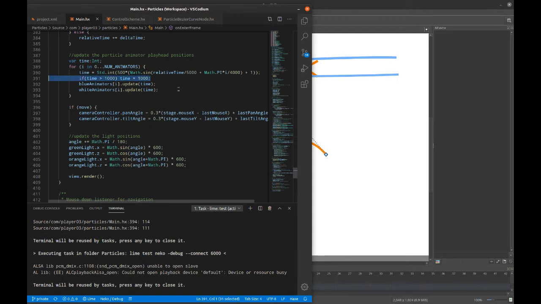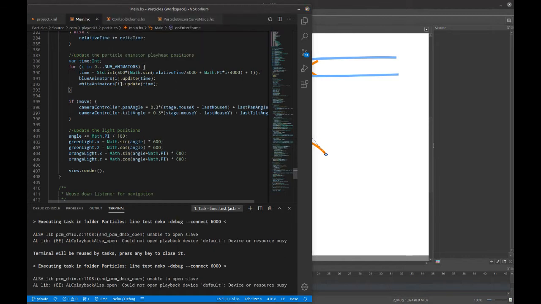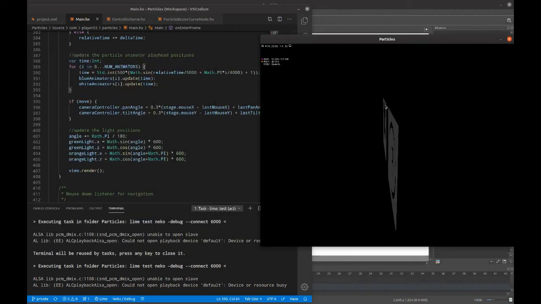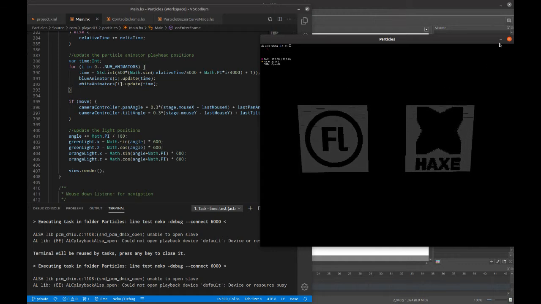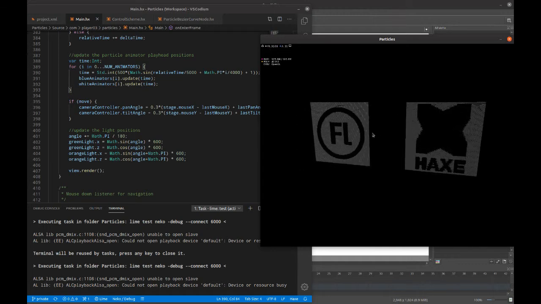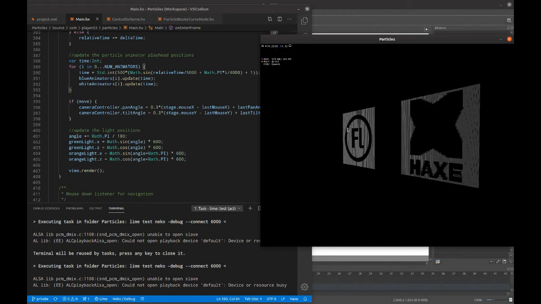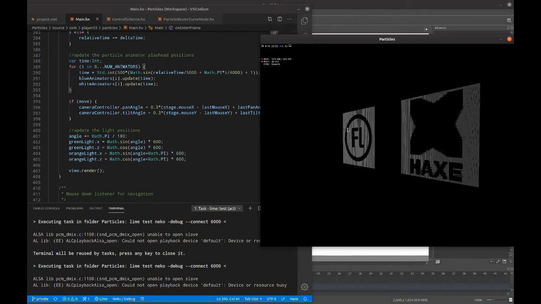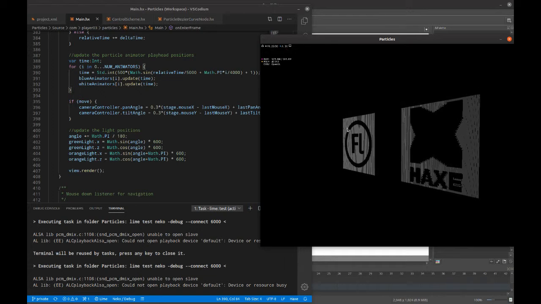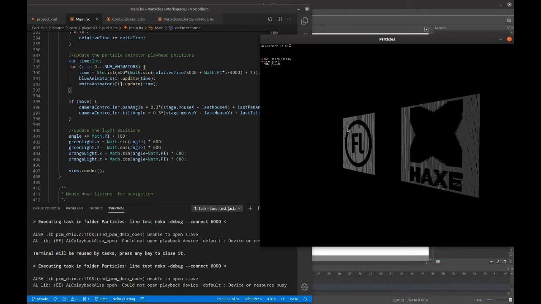Well, instead of that, why don't we just do the full animation? I should really be displaying time. Okay, that's pretty good.